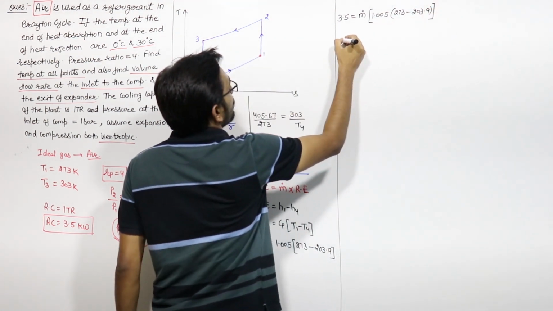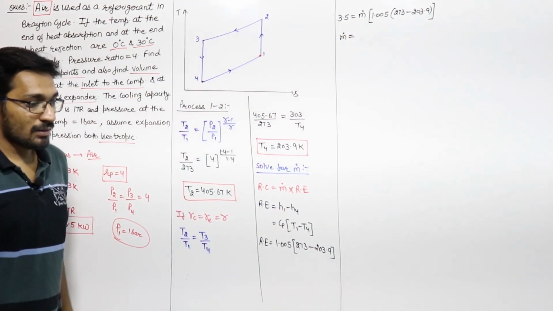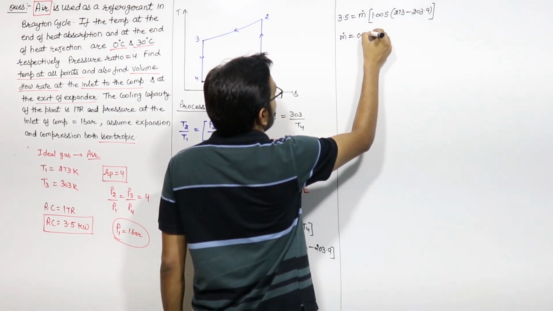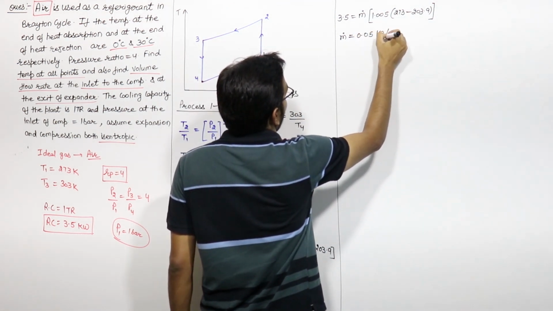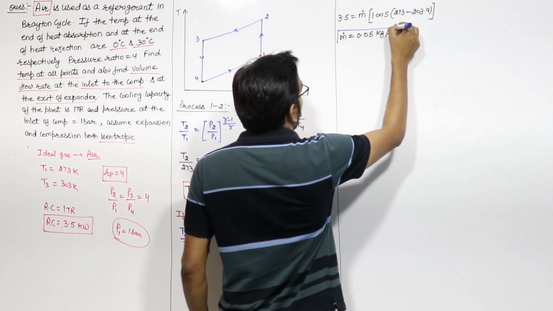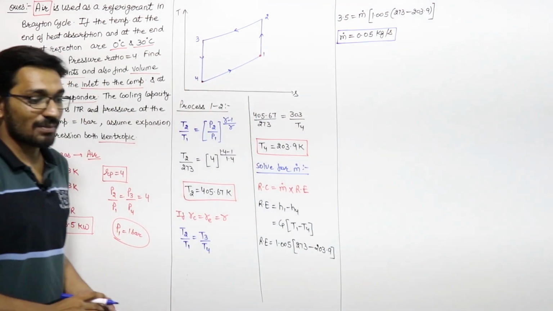So from here, if you solve, the mass flow rate will be equal to 0.05 kg per second. This is the mass flow rate.